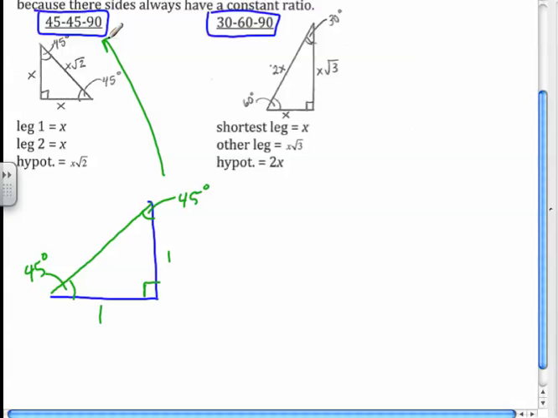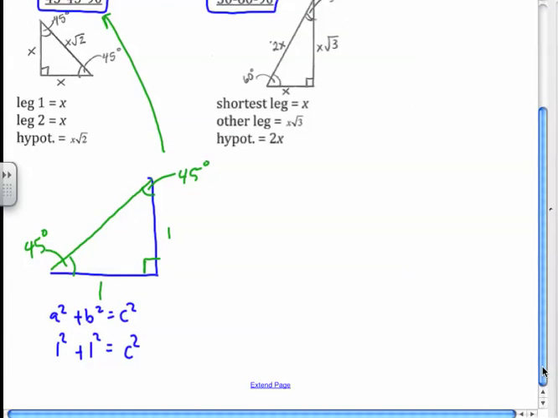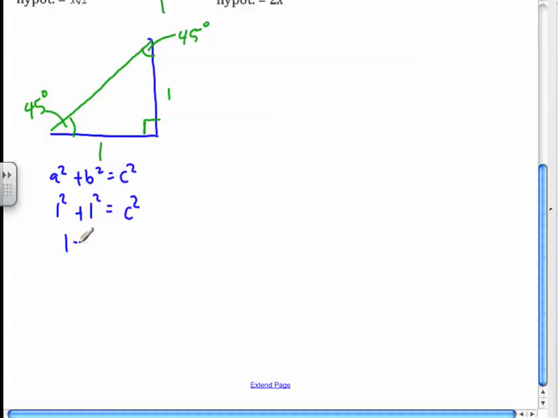But now using Pythagoras, a squared plus b squared is equal to c squared. In this case, it'd be 1 squared plus 1 squared is equal to c squared. I get 1 plus 1 is equal to c squared. 2 equals c squared.